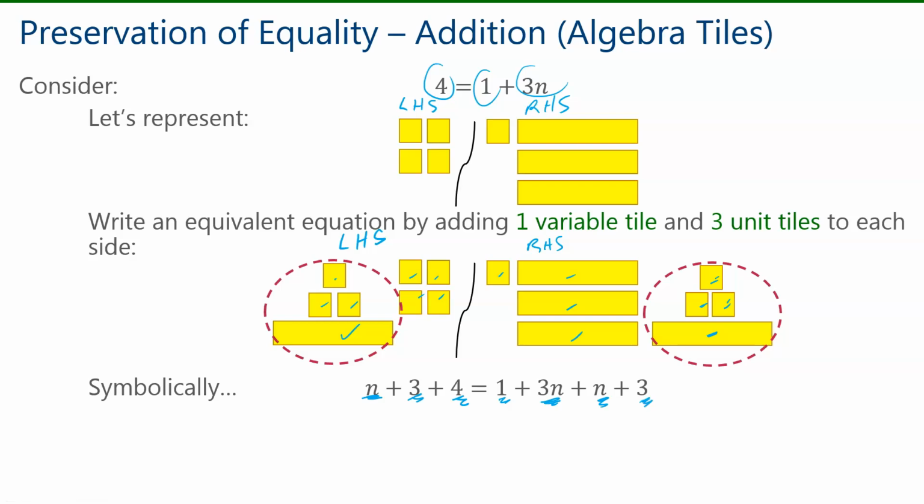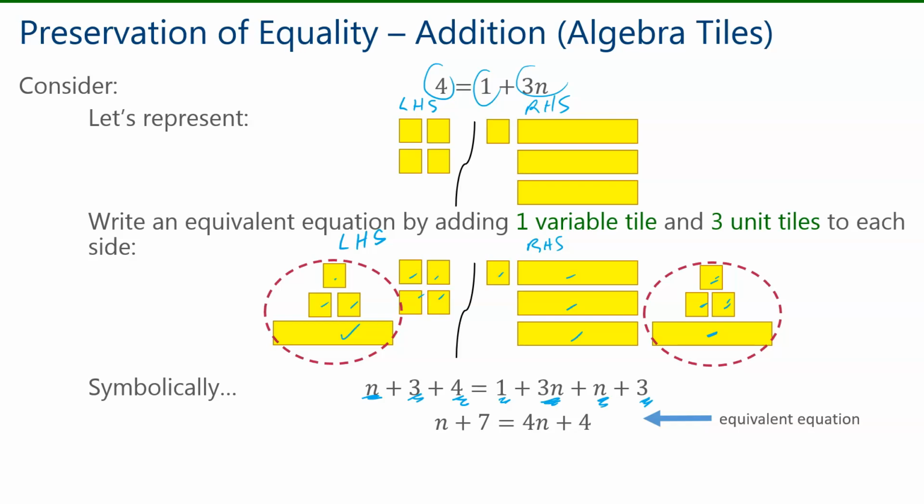We can combine, we can simplify here. So I have 1n plus 7 equals 4n plus 4. n plus 7 equals 4n plus 4. That would be an equivalent equation to what we started with.